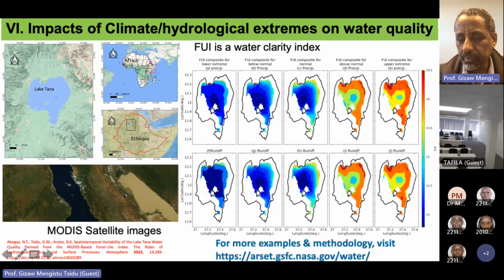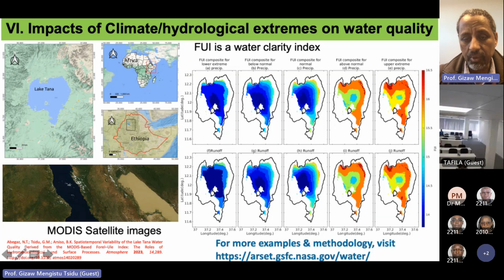So you can see clearly that red means the water clarity is poor, that means the water quality is bad, and blue means the water quality is improving. As you go from extremely low precipitation to extremely high precipitation, you see the transition from dark blue, good water quality, to deep red, bad water quality, from the satellite.